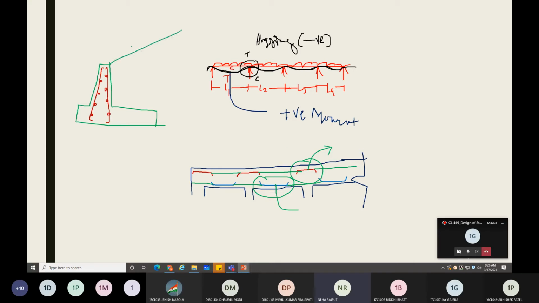Suppose this is your length view, right?